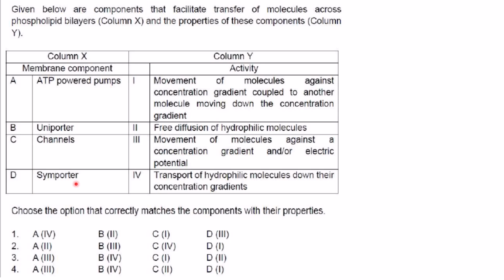So sodium moves down its gradient, glucose moves against its gradient, and they move in the same direction. So one molecule's movement down its concentration gradient is coupled to another molecule moving against it. So option 4 is the right answer.